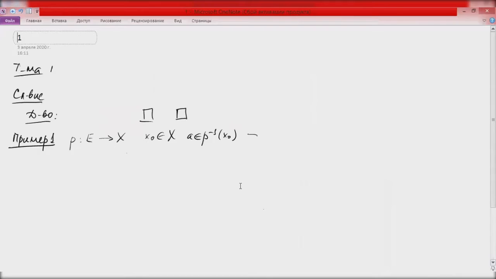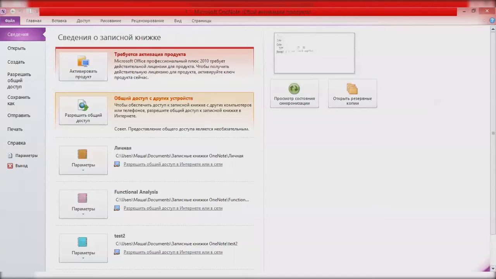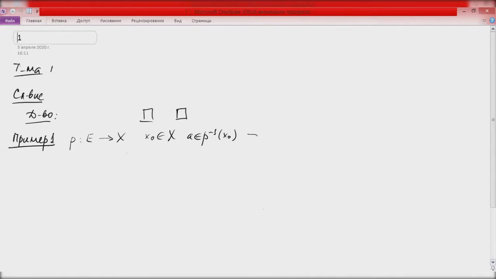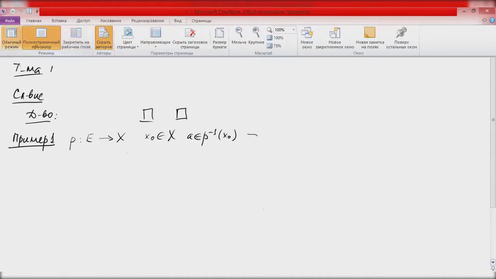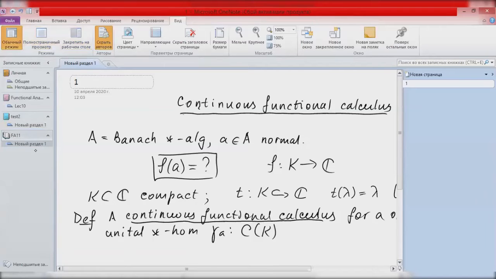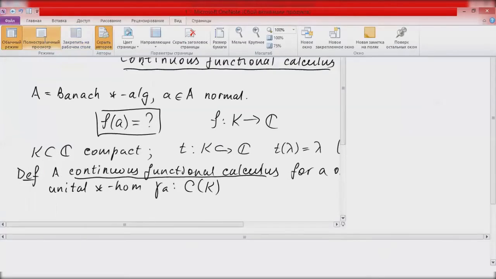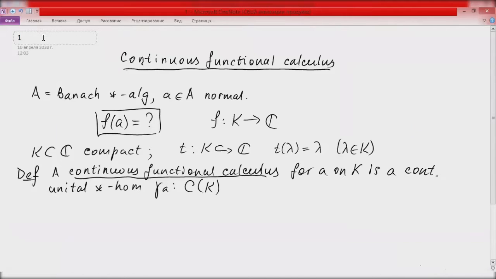Okay, so gamma_a is a continuous unital star homomorphism from the algebra of continuous functions on K to A, which takes the function t defined above to our element a.